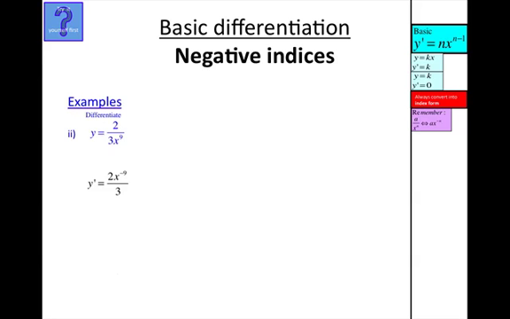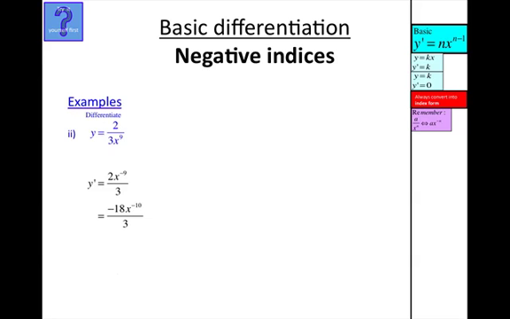Now when we differentiate, we bring down the power, minus 1 from the power. So when we bring down the minus 9, it times us by the 2/3. So we get minus 18 thirds, or minus 18 on 3, x to the negative 10, because we minus 1 from the power. So hopefully that makes sense.